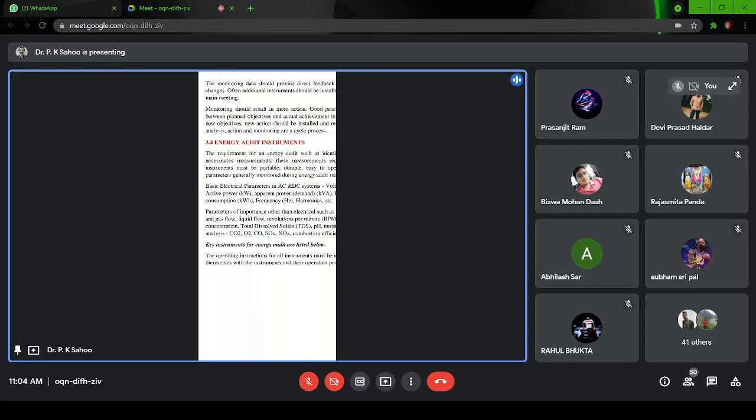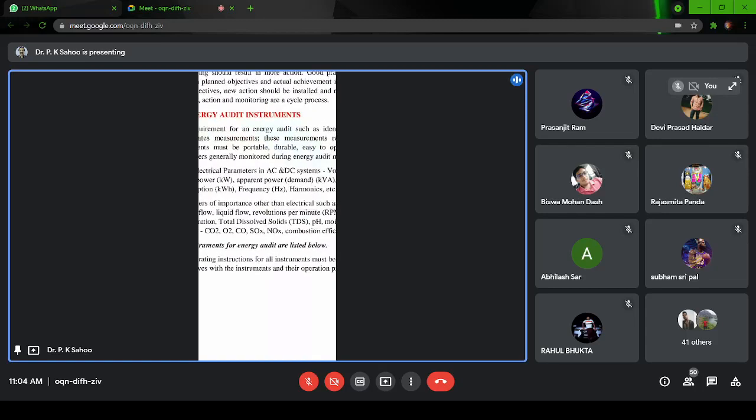In some cases, as I have told you also, some additional instruments should now be installed in various departments. If needed, some instruments can also be connected in your laboratory or your industry.